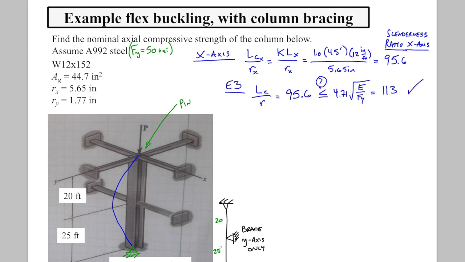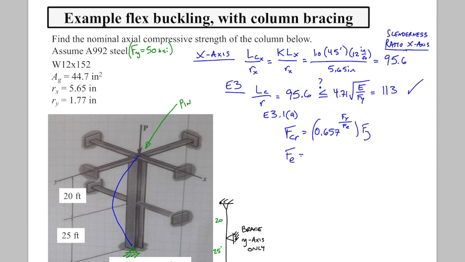So this is verified, right? This is indeed the case. So that means I use E3.1 part A, and that is F critical equals 0.657 Fy over Fe times Fy.